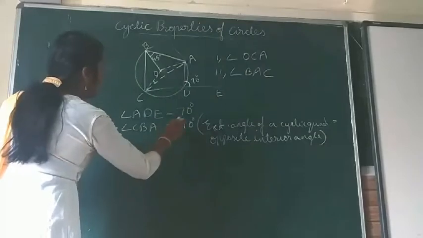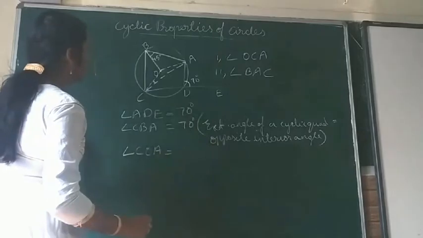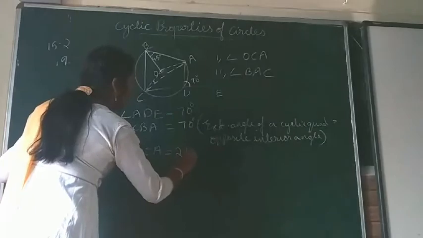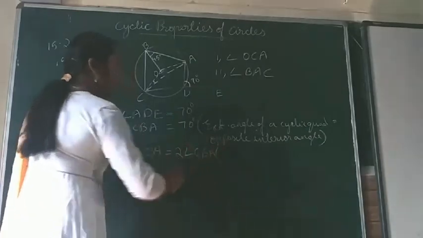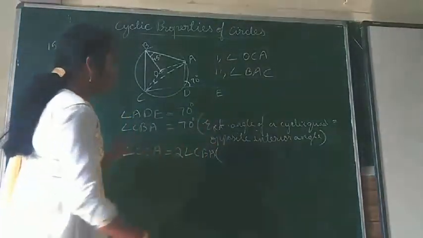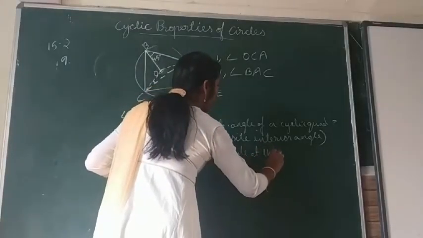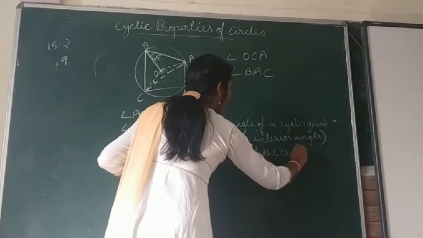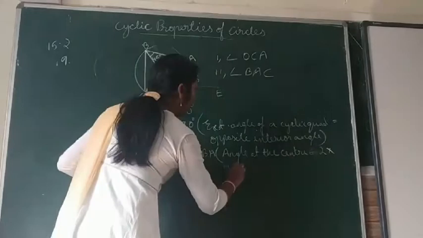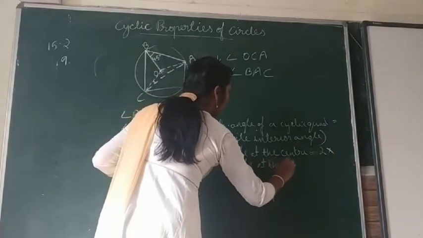COA. Angle CBA is 70 degree. Angle COA is equal to twice angle CBA. Angle at the center is equal to twice the angle at the remaining part of the circle.